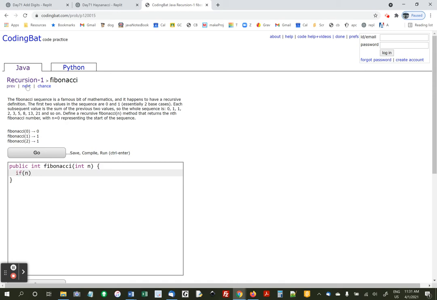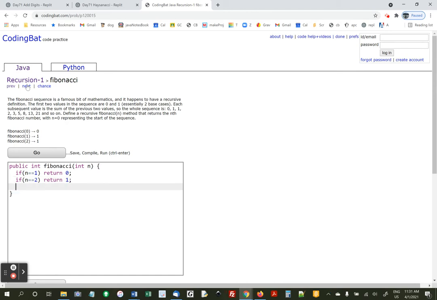If n is equal to 1, we're going to return 0 because the first term is a 0. And if n is equal to 2, the second term is a 1. And then now we're going to return the sum of the previous 2 terms. So if it's not a 1 or a 2, those are the base cases.